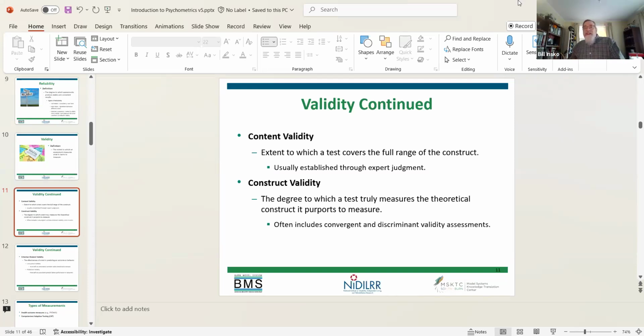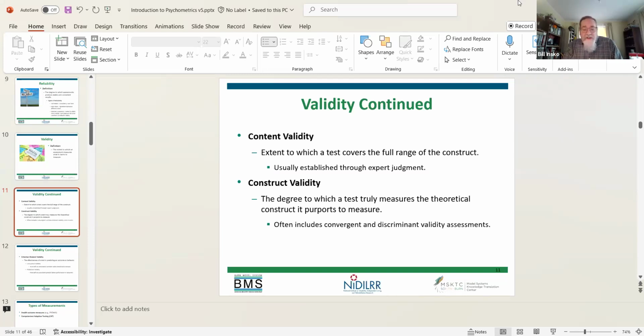Now, construct validity has to do with getting at that latent trait. Are the constructs that I'm measuring the ones that I want to measure? One way of doing that is to take your assessment and see how well it correlates with other assessments, which we'll get to in a second.